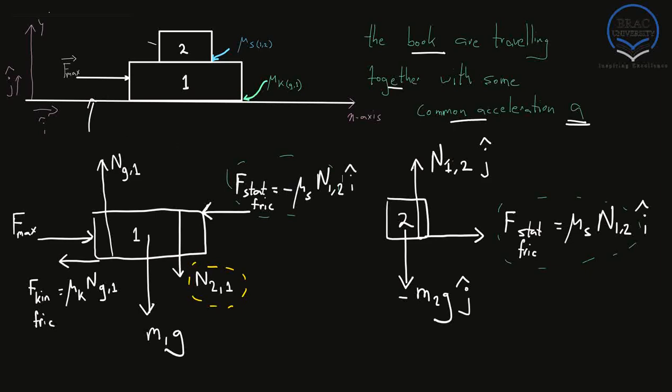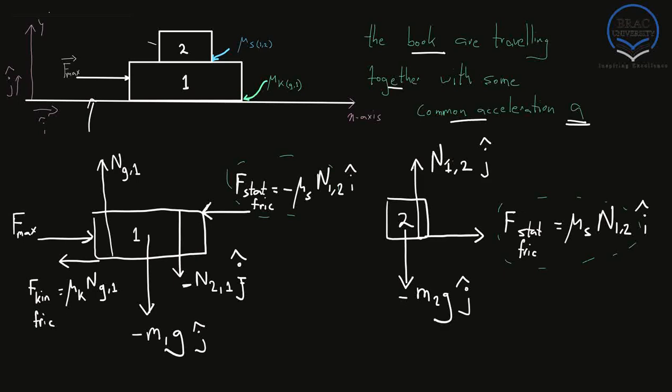The force of normal reaction from book 2 on book 1 would be given by minus N21 j hat. The force of gravity is minus m1 g j hat on book 1.